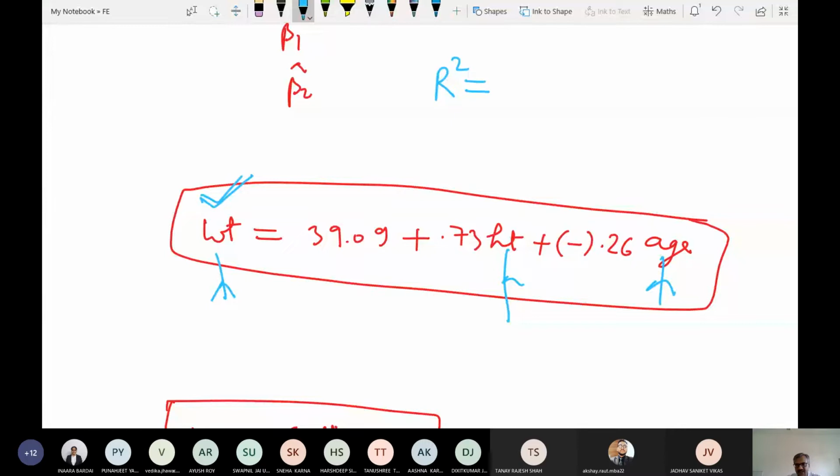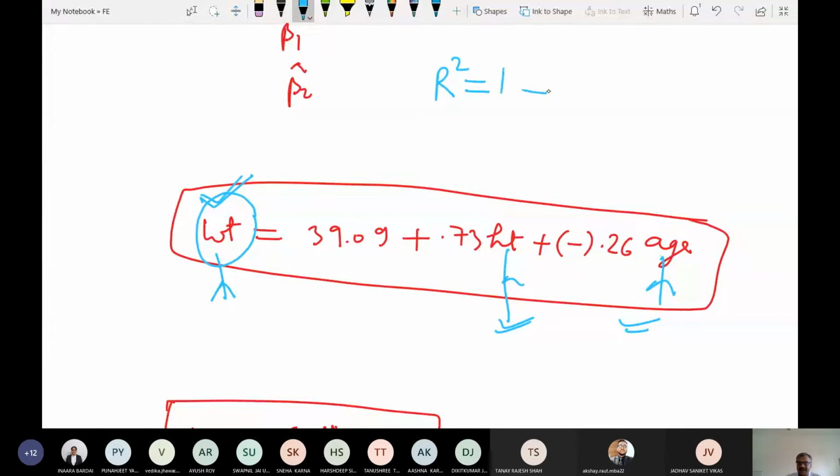Obviously, the higher the value of R square, the better the model, or rather it is more appropriate to say the fitness of the model is better. What do you mean by fitness? Up to what extent the independent variables used in the model can explain the variance in the dependent variable.